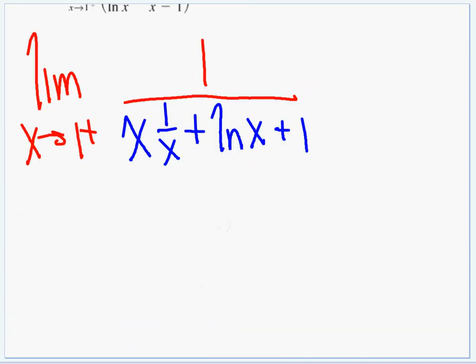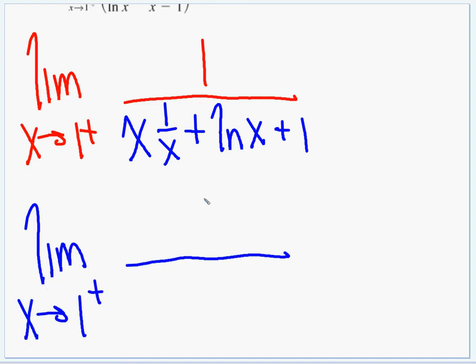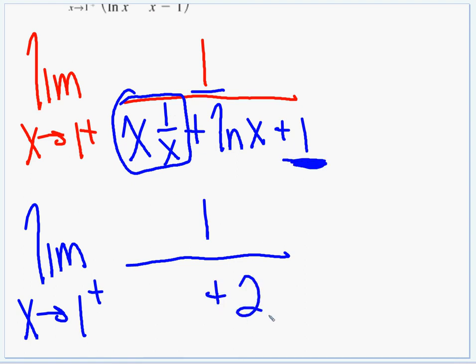Before we direct sub, we can do a little cleaning up here. The limit as x approaches 1 from the right. Numerator is a 1. Here we have x times 1 over x. That's just going to be x over x, so that turns into a 1. We combine it with this one and make that a plus 2. And then we've got this natural log of x, ln x.